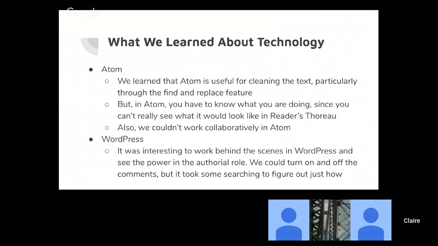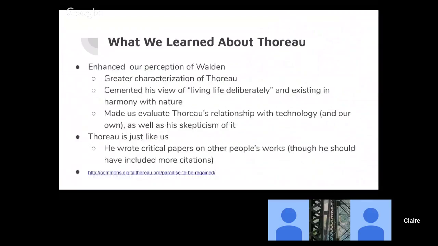And then with respect to Thoreau himself, we definitely learned a lot more about Thoreau's views. Personally, in my reading of Paradise to be Regained, I found there was a lot of implicit discussion of the effects of technology on the individual. I feel more so than there was in Walden.